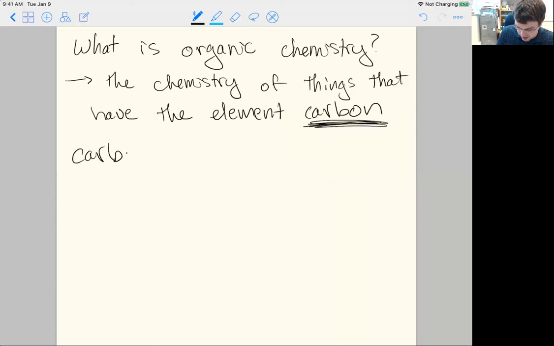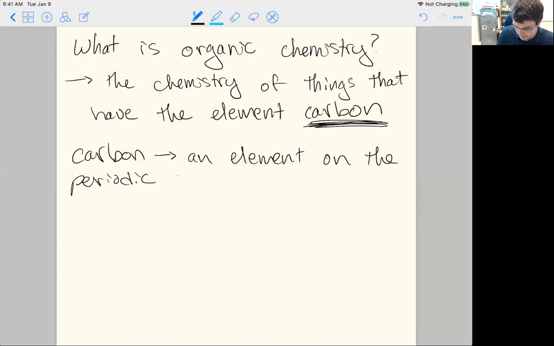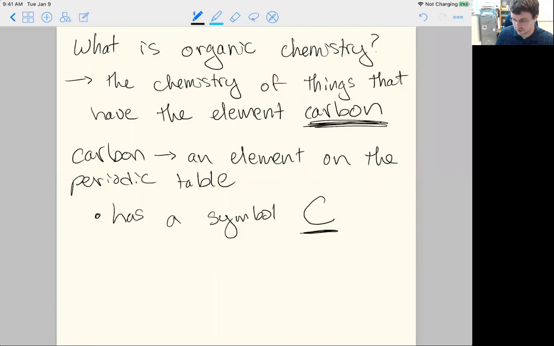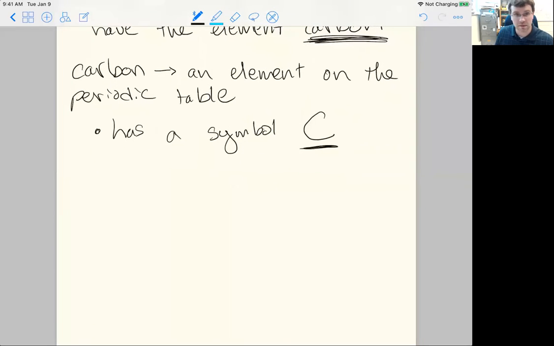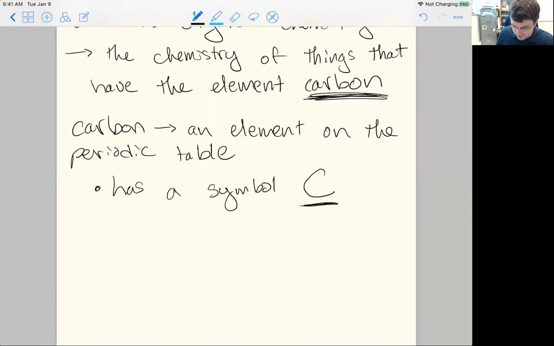Carbon, as I said, is an element on the periodic table, and it has the symbol C. We're going to be using C quite a bit in this course. Actually, after some time, we're going to further abbreviate the element carbon beyond the letter C. So that is a starter definition: the chemistry of things that have the element carbon.